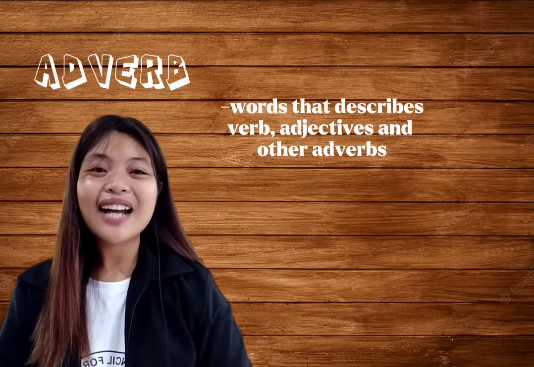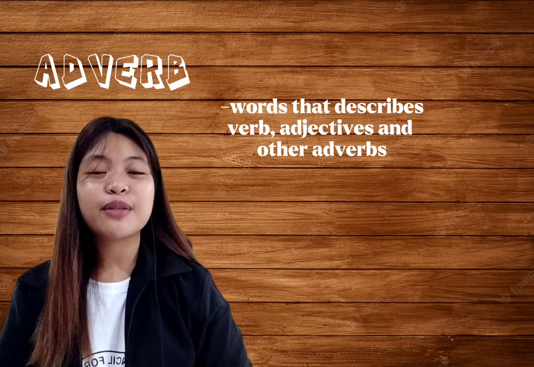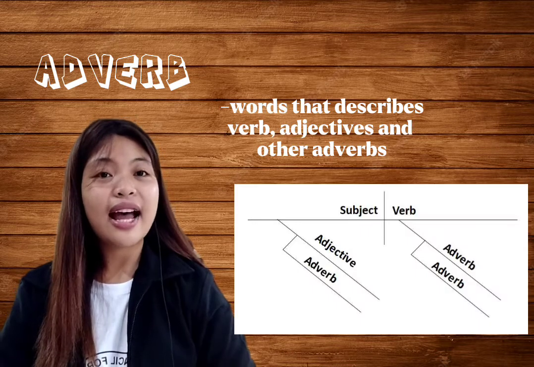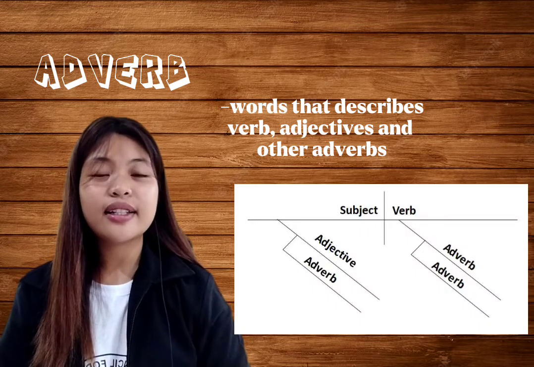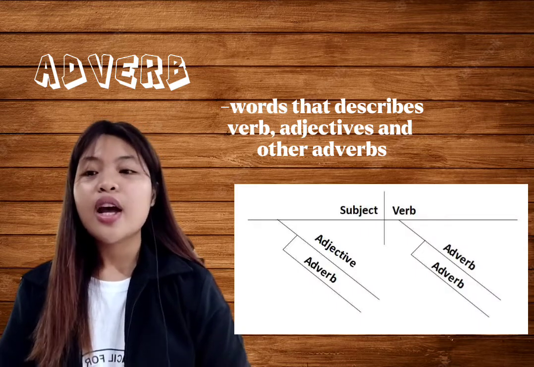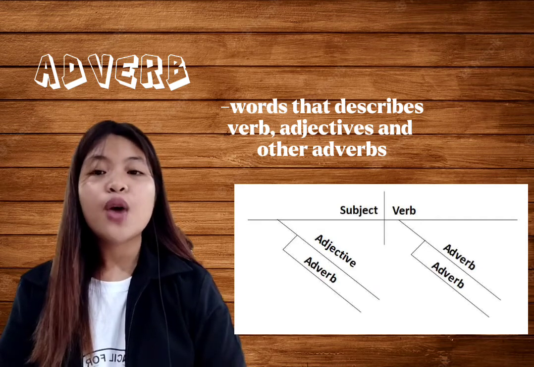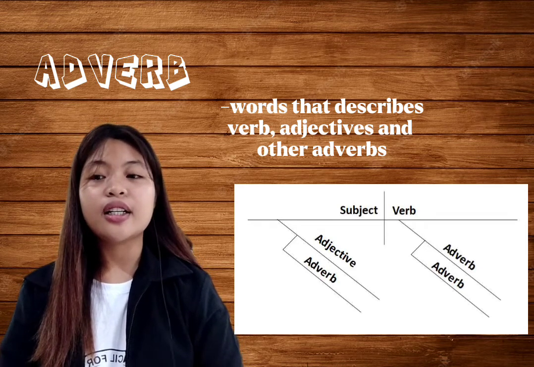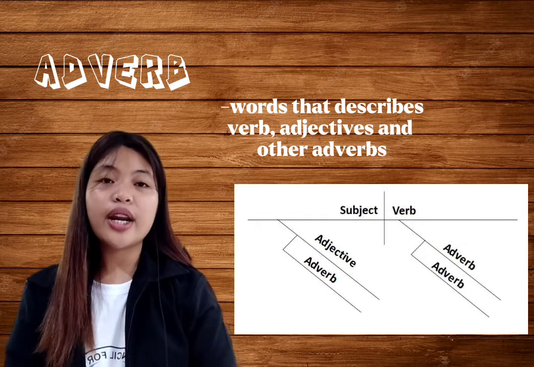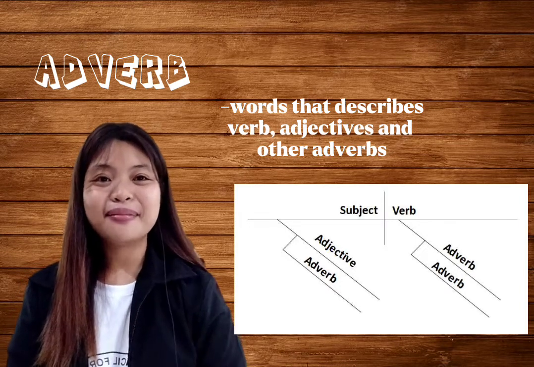So how about adverbs? An adverb is a word that describes a verb, adjective, or another adverb. Just like what we discussed about adjectives, if we have an adverb, we place it on the slanted line under the word that it describes.